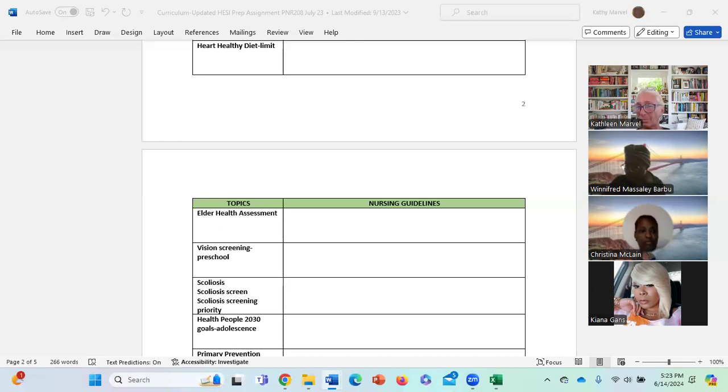Early detection of vision problems. We're trying to do early detection of any vision or hearing problems that may impact them, like lazy eye, amblyopia. There's a multitude of issues that can be found in our preschoolers. I did this for 20 years.